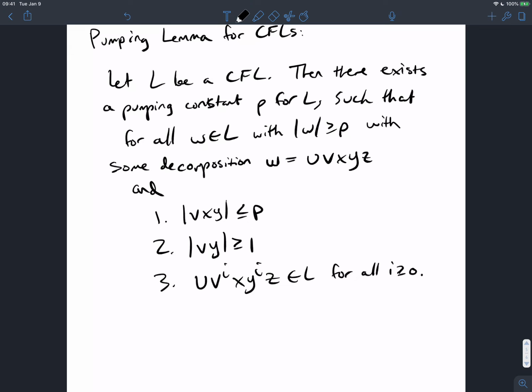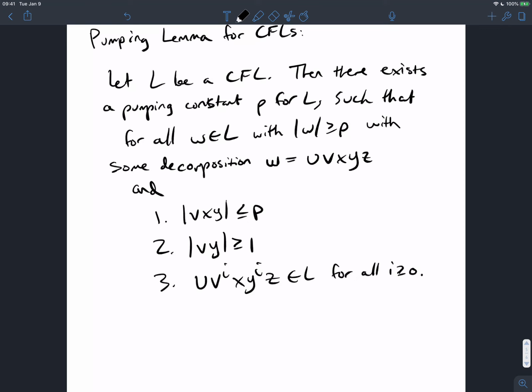And now the middle 3 pieces, the things that we need to look at for pumping, could the VXY part be at the end of the string? Yeah. Did I say anything about the substring U?